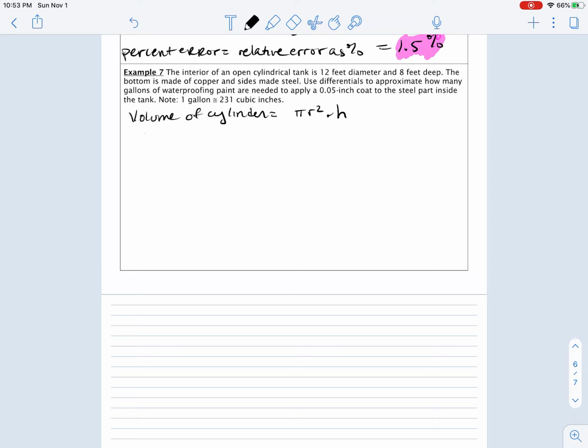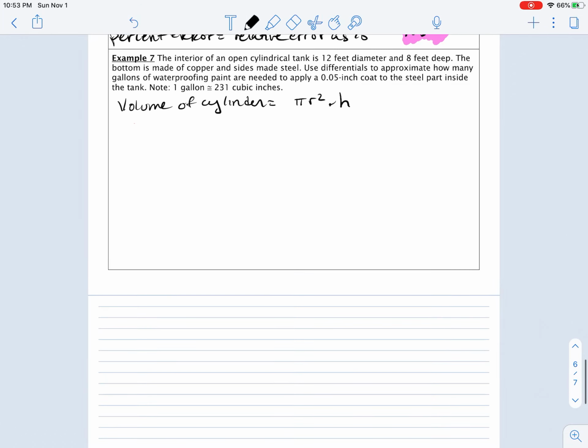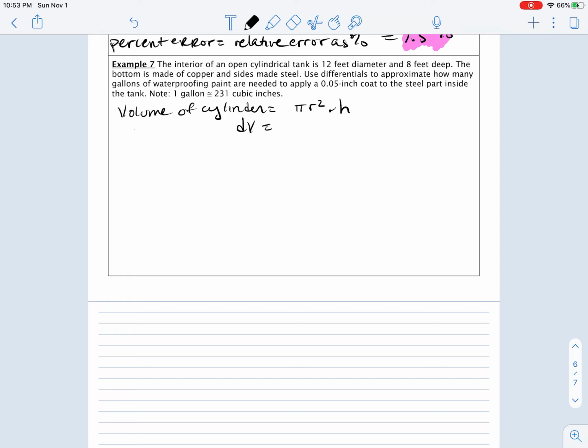And we want to find our dV, right? And what is our dV? Our dV/dr is going to be 2 pi r times h. H here would be a constant. So our dV is going to be 2 pi r h times dr.